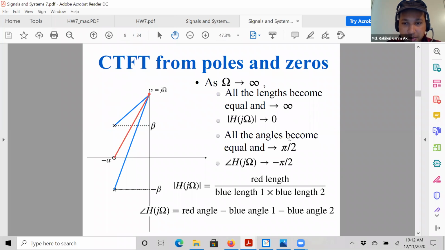Okay, here it is mentioned. So what does the transfer function H(j omega) become, very small, so 0, or almost infinity? We will try to compare this kind of relation.